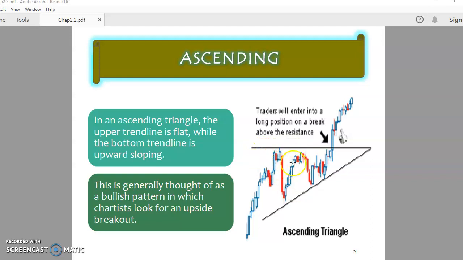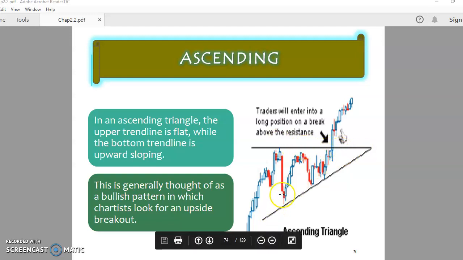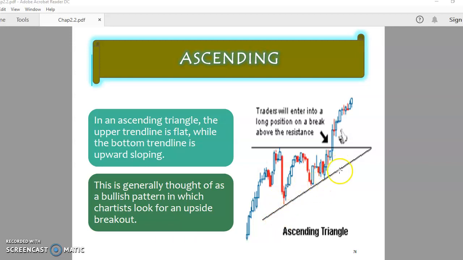During the formation of the pattern, we have a few similar highest points, and those highest points are testing a resistance. However, they don't break the highest price or the resistance level. When we look at the lowest points, we can see that the price keeps on increasing and creating higher lows.